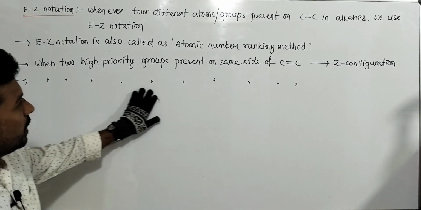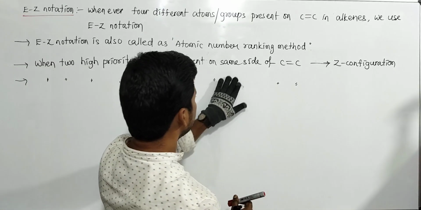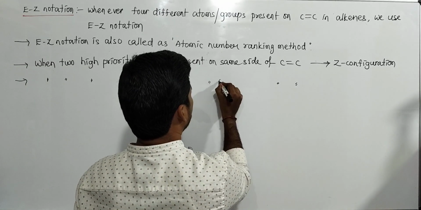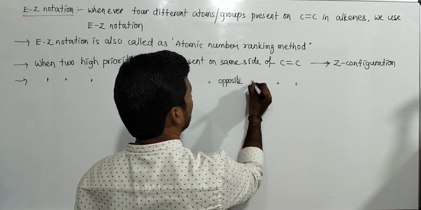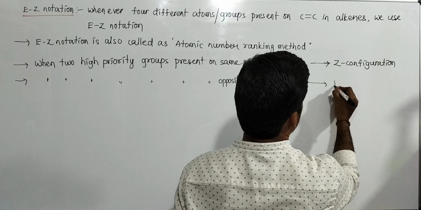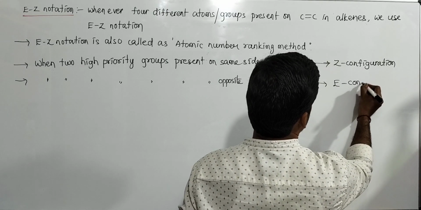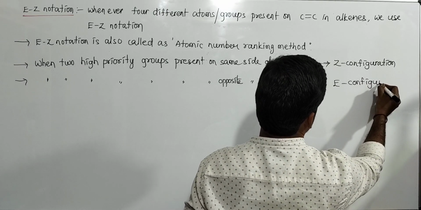If 2 high priority groups are present on opposite sides of the carbon-carbon double bond, that is called E configuration.